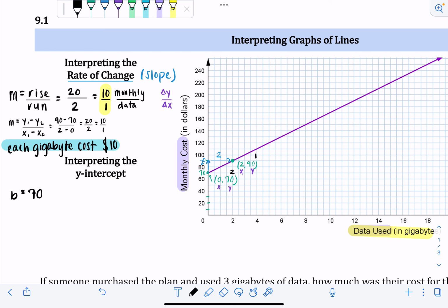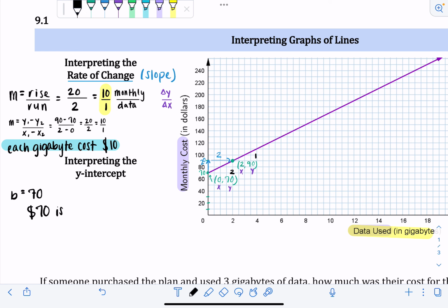And then after that, of course, if we use an extra gigabyte, it's going to go up by $10. If we use 2 GB, it would go up by $20 and so on. So that 70 that we're starting at is the starting price of our bill. So $70 you can say is the starting price, the baseline, however you want to word it.